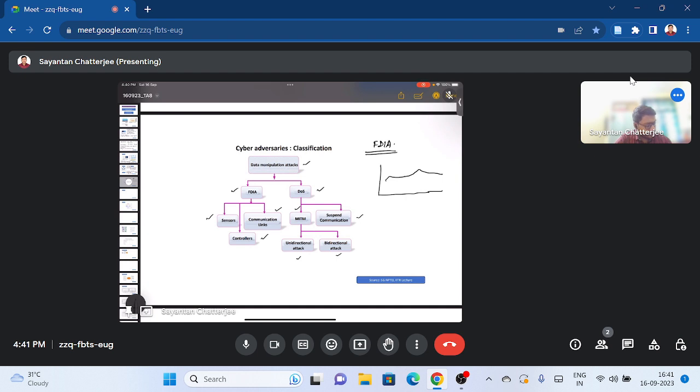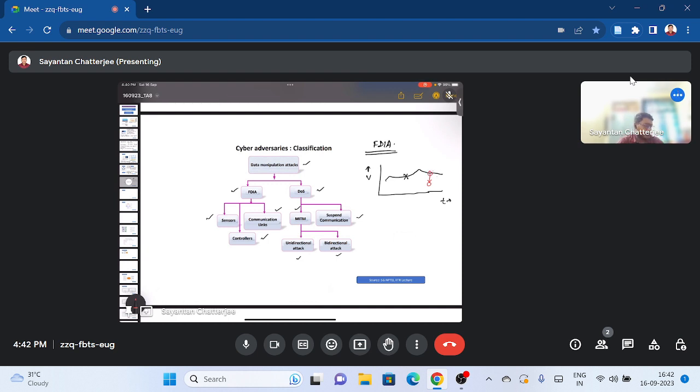Suppose this is the working state of the system, this is voltage magnitude versus time. If there is some attack by the attacker, suppose this would have been the operating state of the system, and based on the compromise, the attack vector shifts this point to this point, and this point to this point.